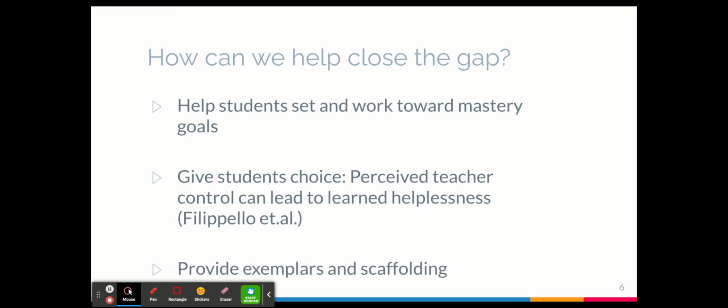So I don't want to run into that learned helplessness pitfall. At the same time, perceived teacher control could also do that if the teacher was too authoritarian and not allowing enough student choice.